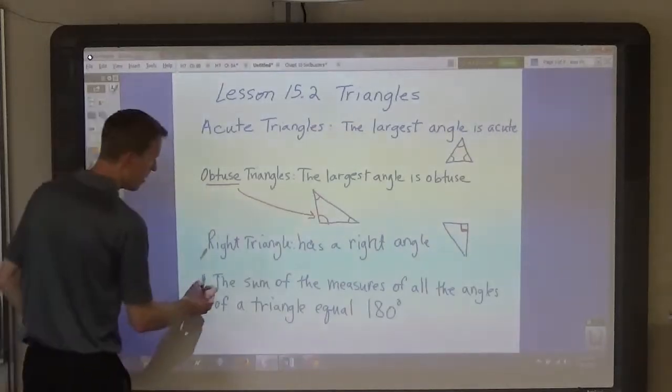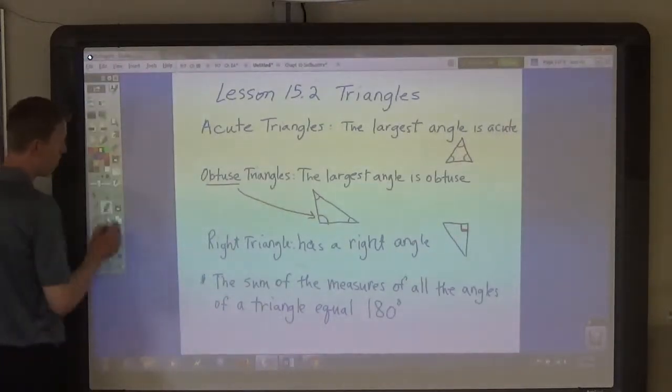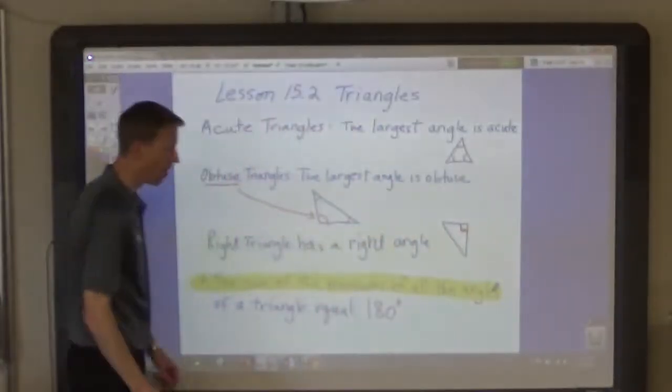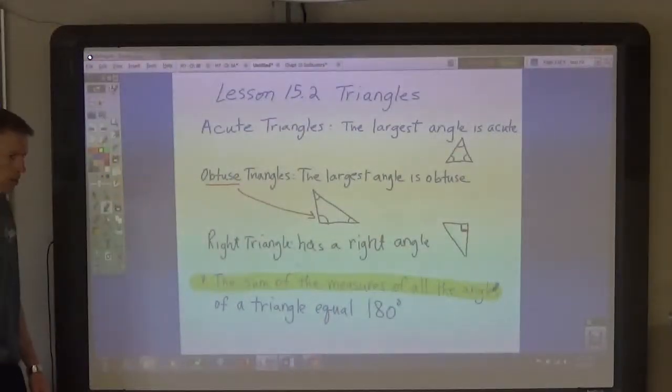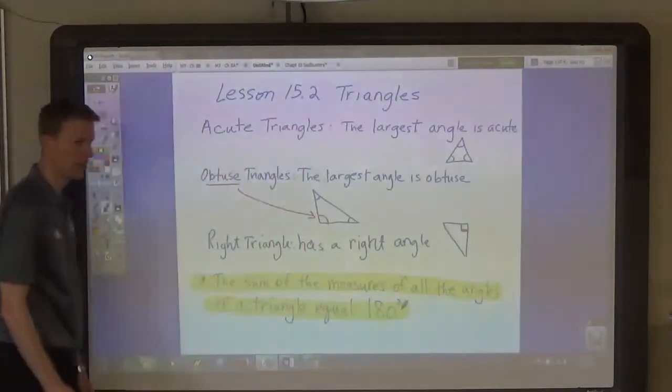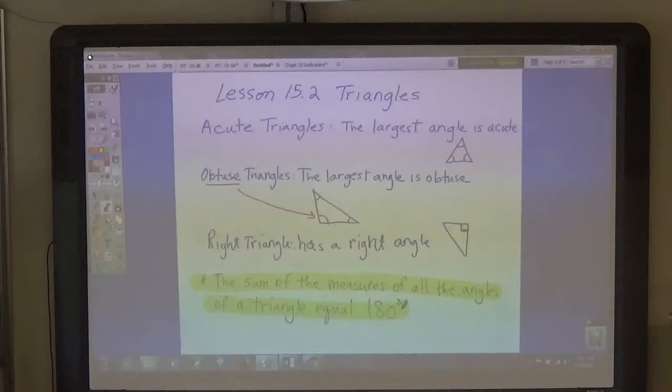And then there is something you have to memorize. The sum of the measures of all the angles of a triangle equals 180 degrees. What does it mean, the sum of the measures of the angles? Melina. Maybe you should put that away. Krista.